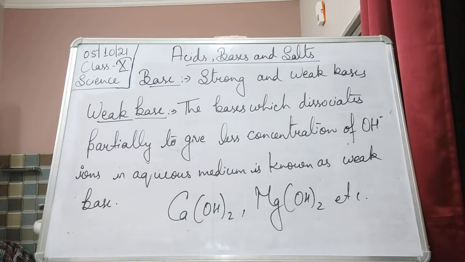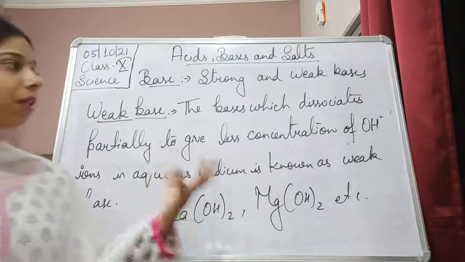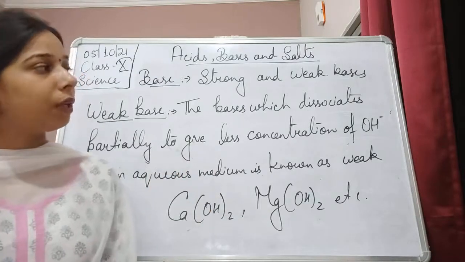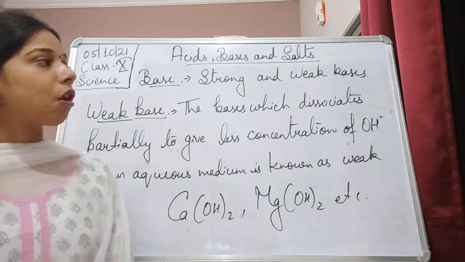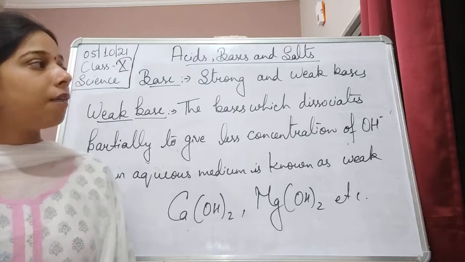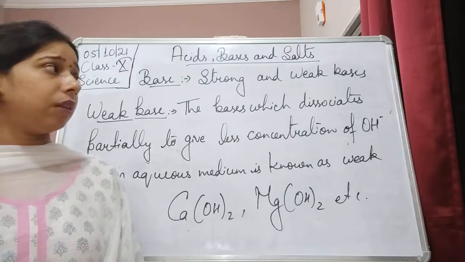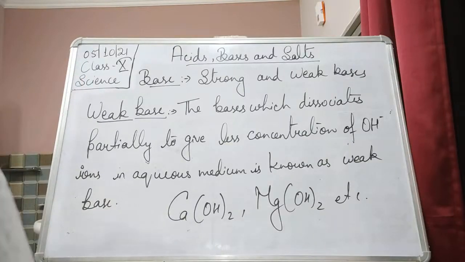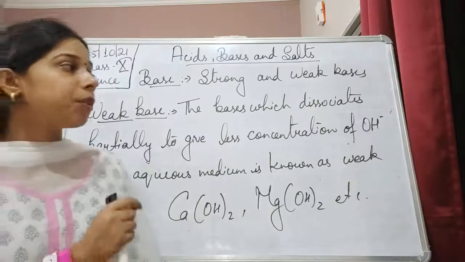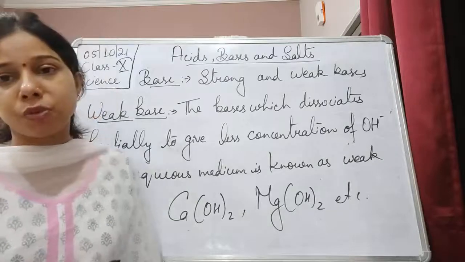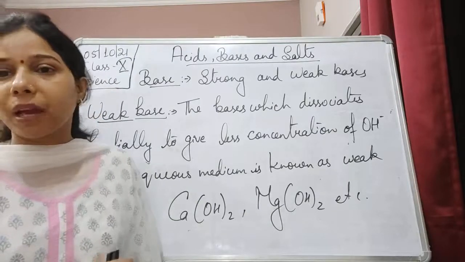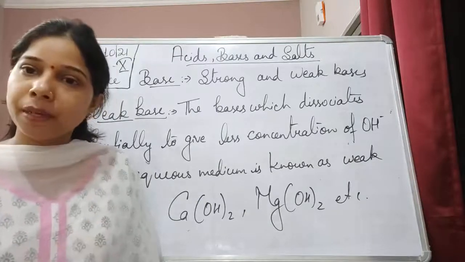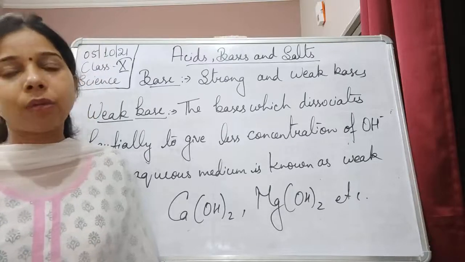Now, even though there is a strong and a weak base, the one thing which is common in all of them is that when any of these, either the strong or the weak base, dissolves in the water, it will dissociate to produce the hydroxide ion. Whether it is in a more amount or a less amount, that is another thing.